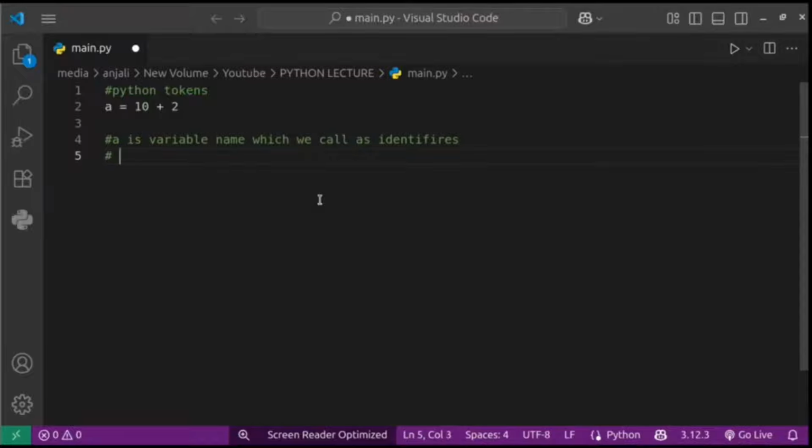Equals to and the plus symbol are the operators. Equals to is the assignment operator and the plus is the arithmetic operator, and 10 and 2 are the literals.